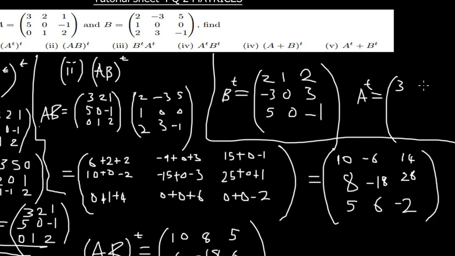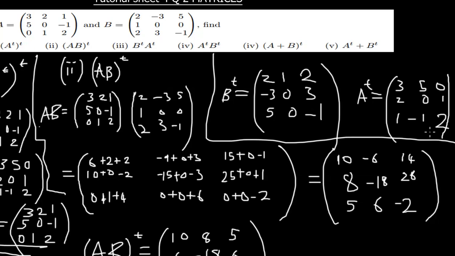So this is going to be 3, 5, 0, and then we are going to have 2, 0, negative 1, oh sorry, 2, 0, and then lastly we have 1, negative 1 and then 2. So prove that by checking the leading diagonal. It doesn't change.